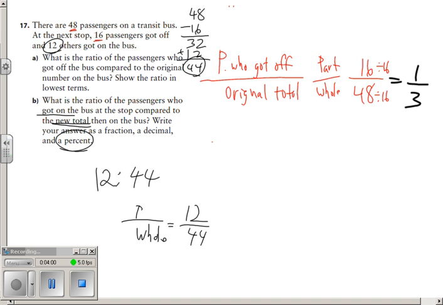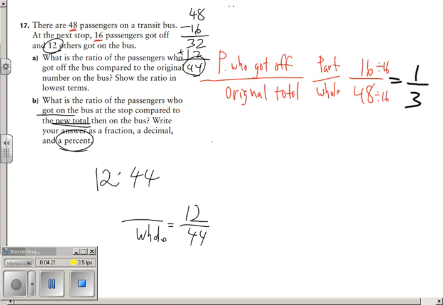That's our part. So how do we change that to a percent and a decimal? Well, today we practiced it a little bit, and we said 44, well, I can't figure out 44 times what is 100. It's not going to work. I don't know, right? So I have to think of it a different way. And here's the cool thing.